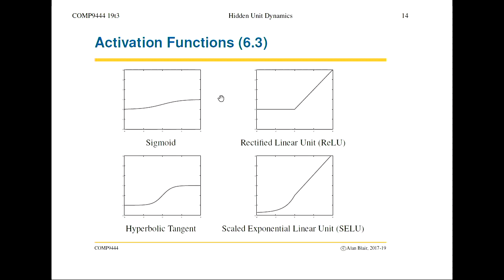This was kind of a radical idea, I guess, that was introduced, I think, by Alex Krizhevsky in Hinton's lab around 2010, to actually use this as a transfer function. It's called a rectified linear unit, and this function is equal to 0 when the input is negative, and it's equal to the input when it's positive.